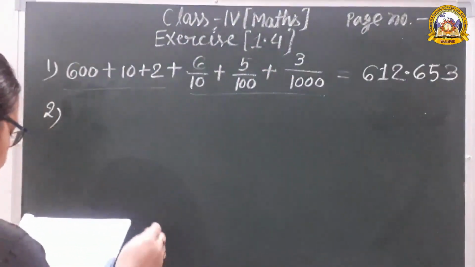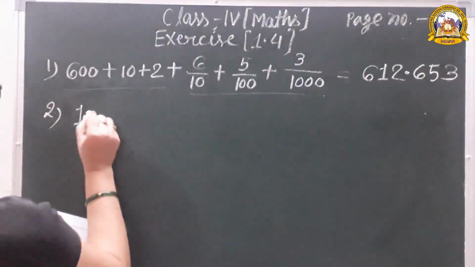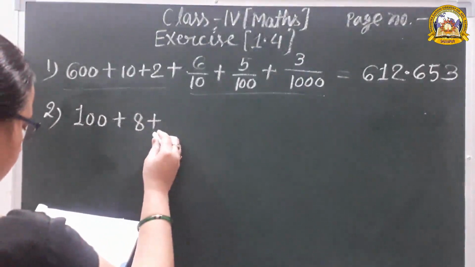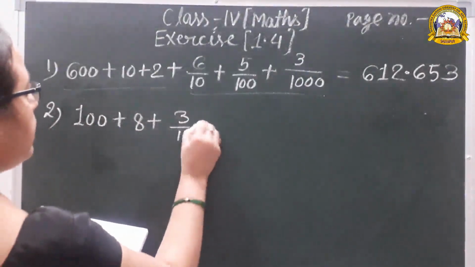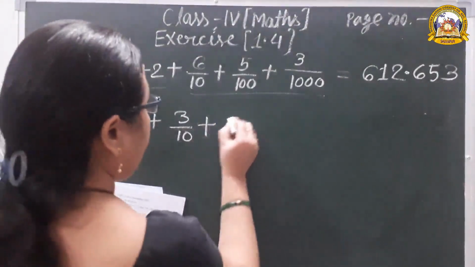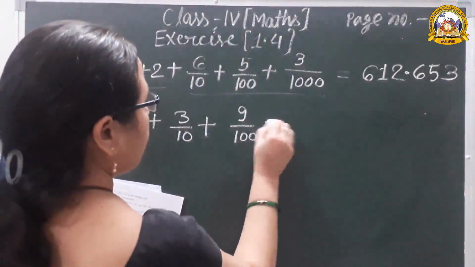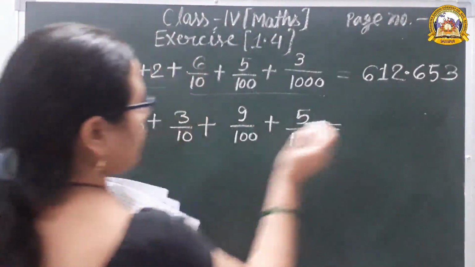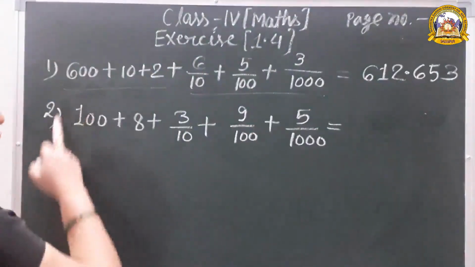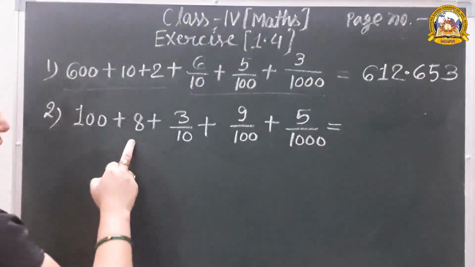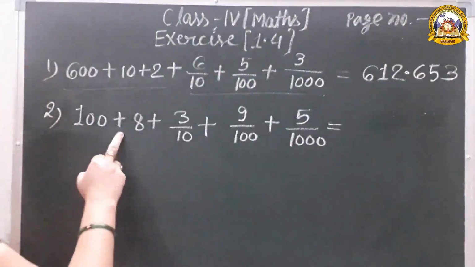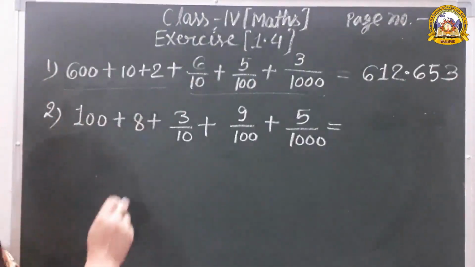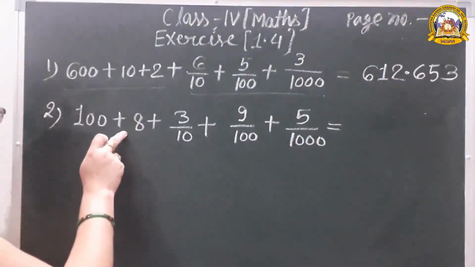Another one: 100 plus 8 plus 3 upon 10 plus 9 upon 100 plus 5 upon 1000. Let's see the whole part. 100 plus 8: 100 is on the hundreds place and 8 on the ones place, but there is no digit for the tens place.